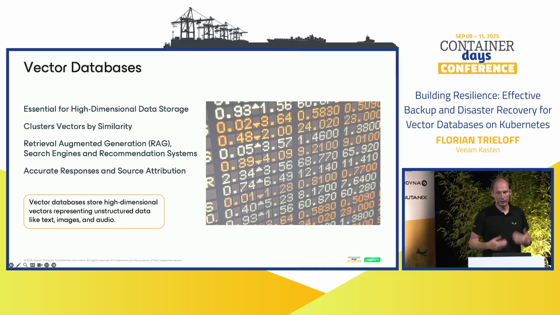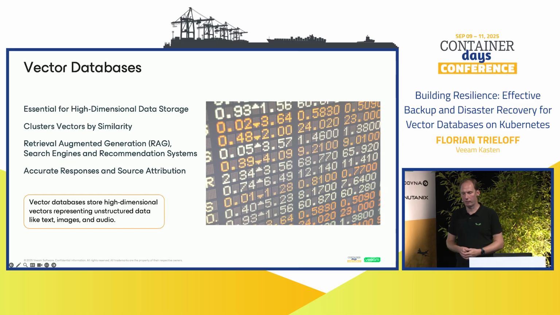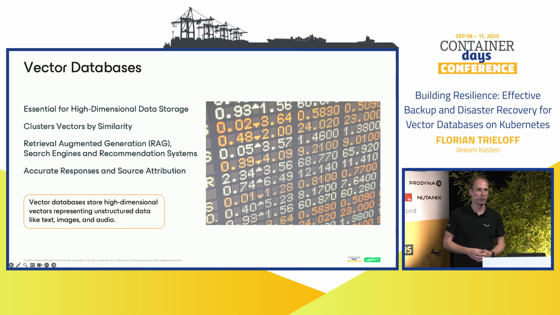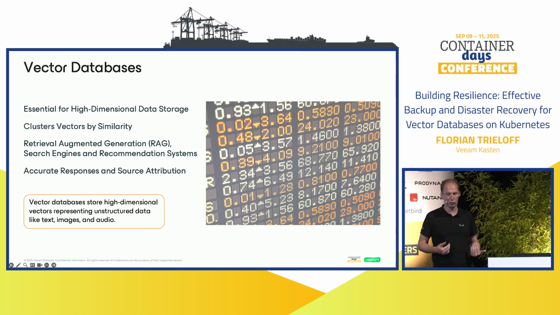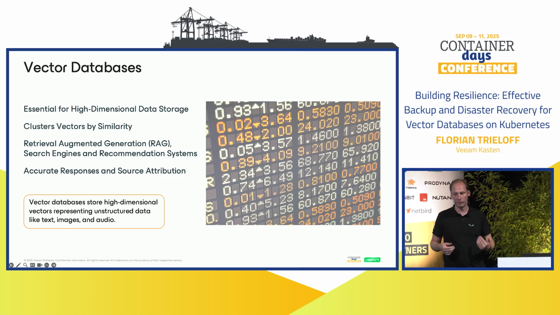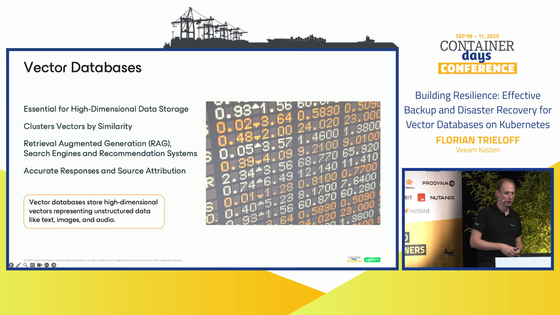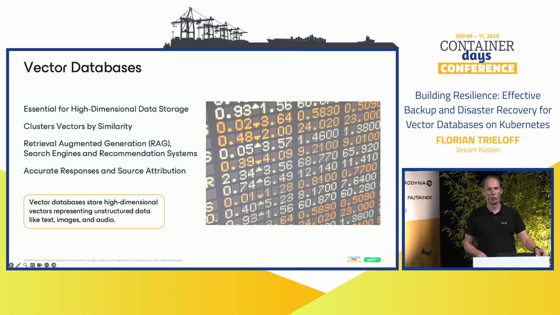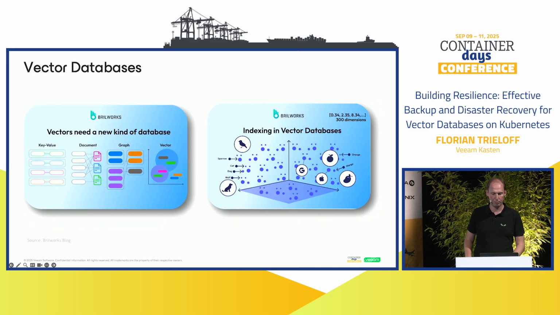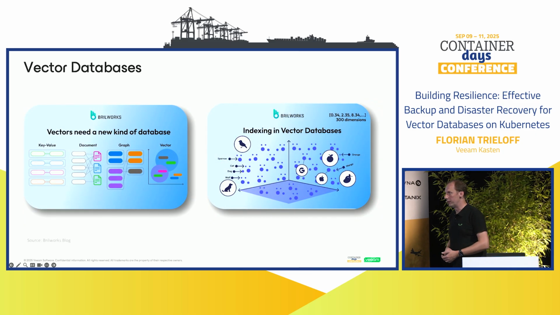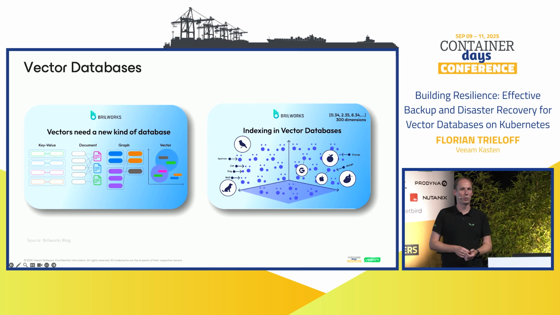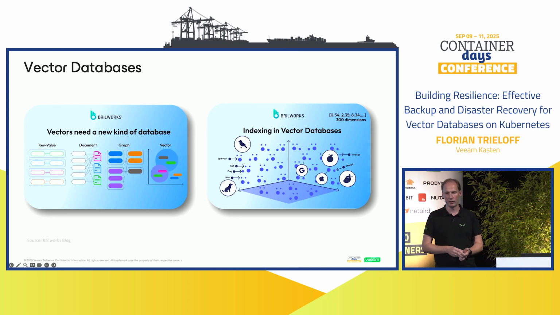So, to sum this up, vector databases store high-dimensional vectors, and these represent unstructured data. You can have text there, you can have images, you can have audio. In earlier times, no one said, please put your images into a database. Everyone should or wanted to have this outside.